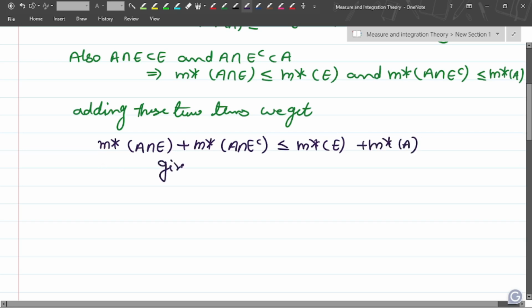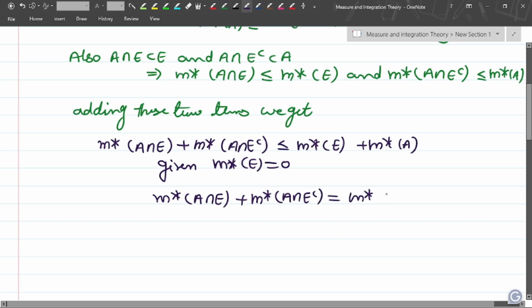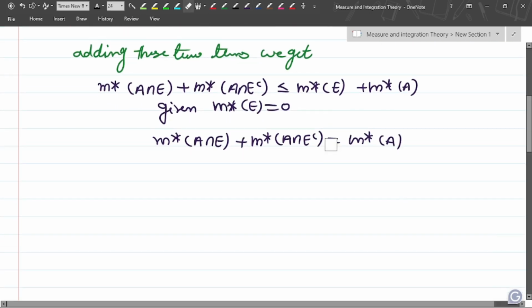Given the outer measure of E is equal to 0, it means the outer measure of A intersection E plus the outer measure of A intersection E complement is less than or equal to the outer measure of A. In this case it is not equal, it is less than or equal.